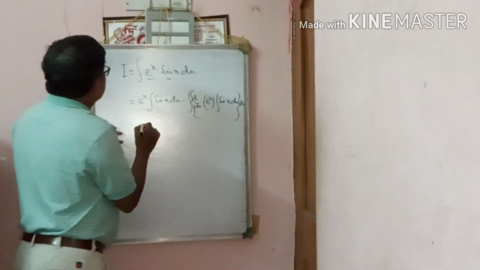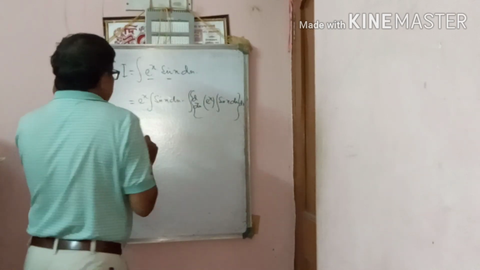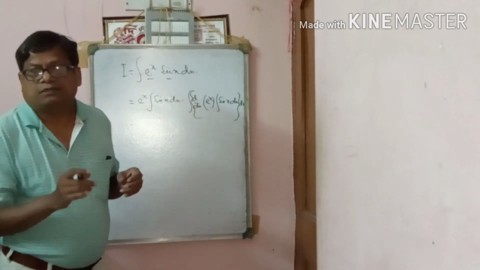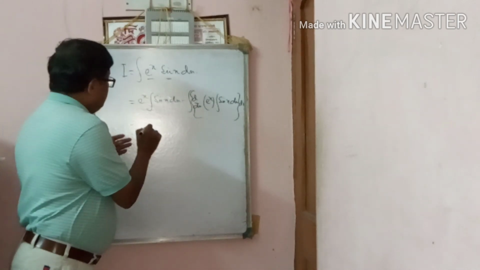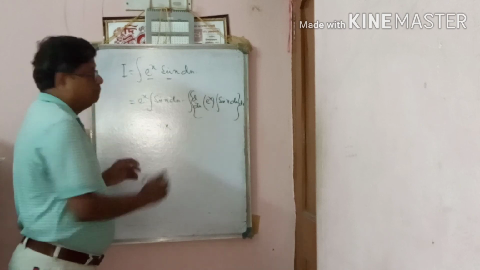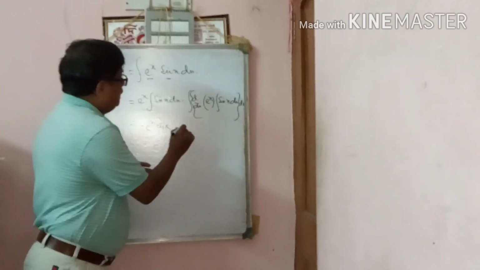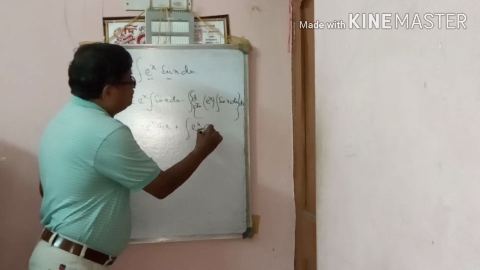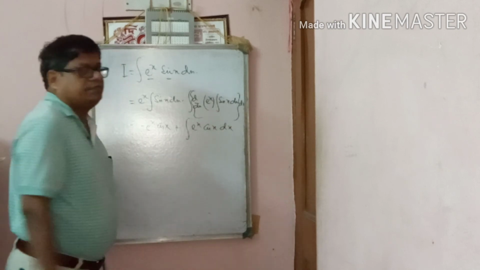So write e to the power x, minus e to the power x cos x, minus e to the power x, this is minus cos x, plus cos x dx.